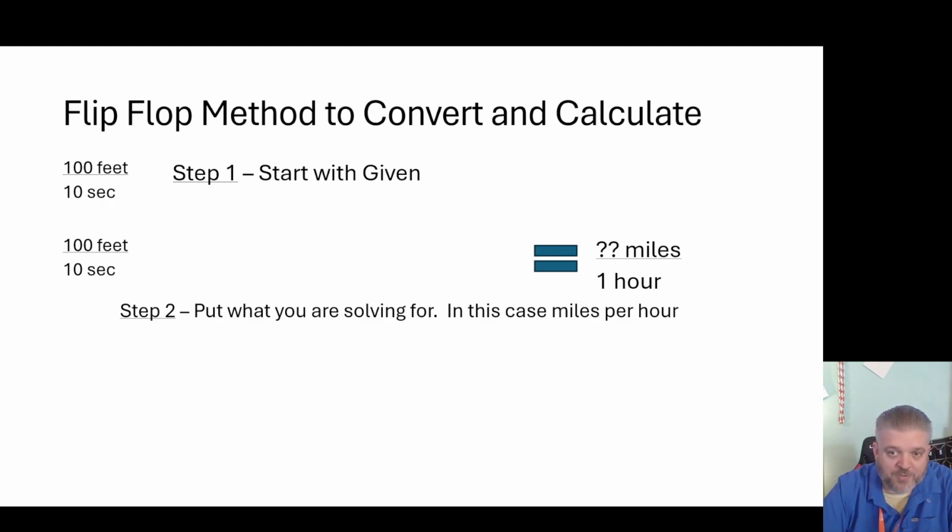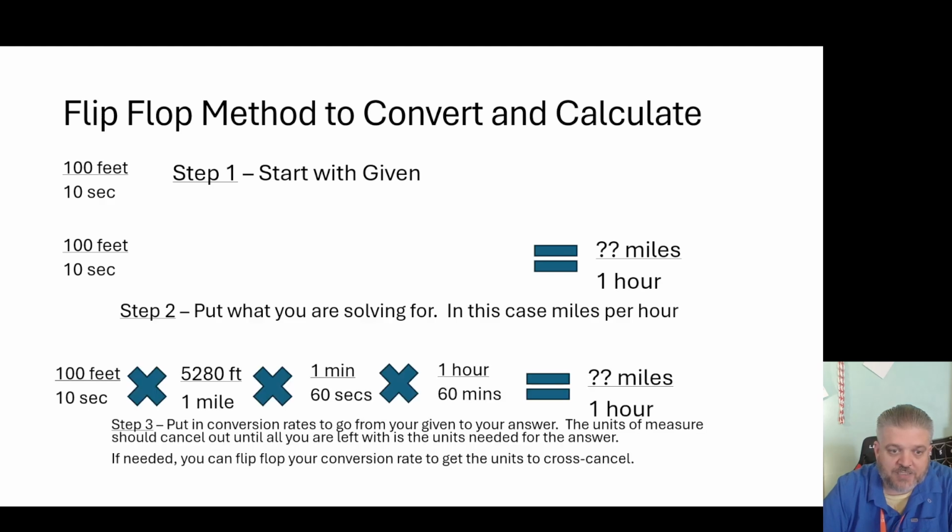I went ahead and put the 1 hour at the bottom. You don't have to do that because the 1 is just understood, but for this sake, I'm going to do it. The next step is to put in all of my conversion rates. I'm not requiring you to memorize these. The more you use them, the more you're likely to learn them, and feel free to Google them.